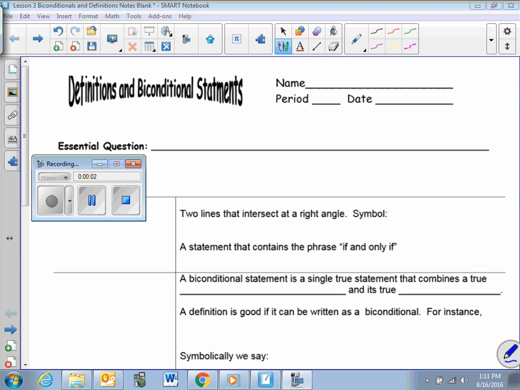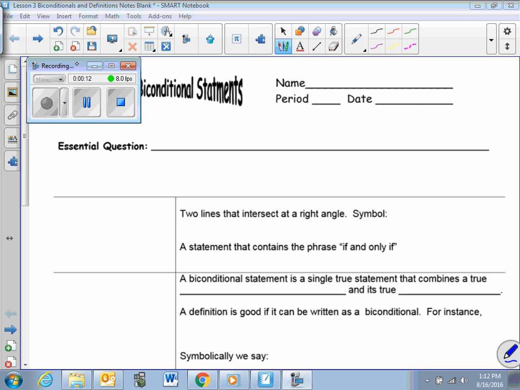The lesson today is on biconditional statements, writing a good biconditional statement, and we're going to throw a couple of definitions in there. So let's start, of course, with our essential question. What is a biconditional statement?